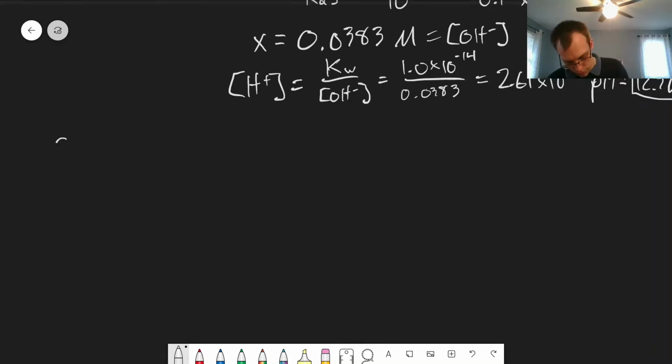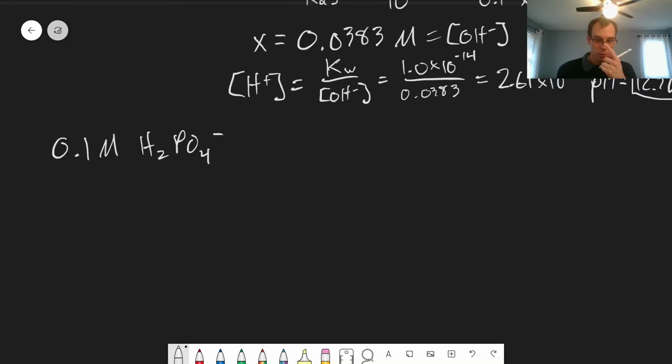All right, so 0.1 molar H2PO4 minus. So that's the one proton lost. We can use concentration of H+ is going to be equal to the square root of all this stuff. Right. So we'll have K1 and K2, and in this case that's Ka1 and Ka2. I've got those calculated out here instead of the 10 to the, from their pKa values.